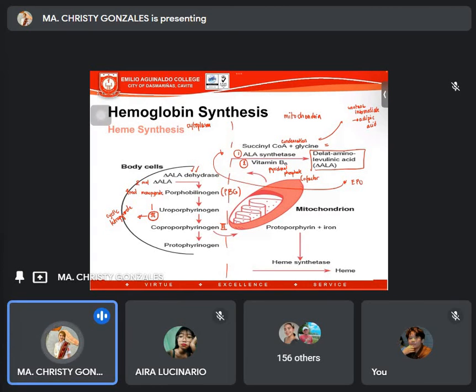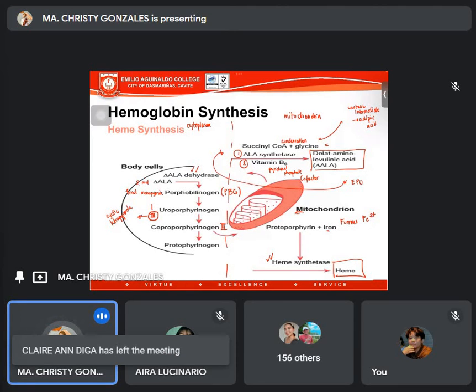And the coproporphyrinogen 3 will result in protoporphyrin that will go to the mitochondria, and other porphyrinogen that will stay in the cytoplasm. But the majority of them will become protoporphyrin, which, in the mitochondria again, will be bound to your iron, specifically ferrous, Fe2+, to form heme, with heme synthase as the enzyme.